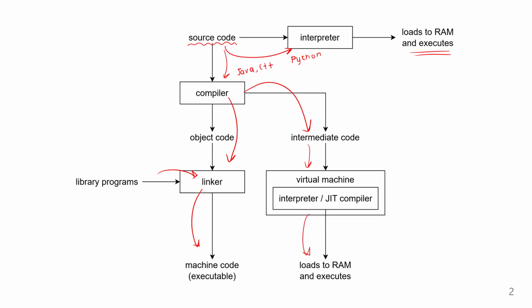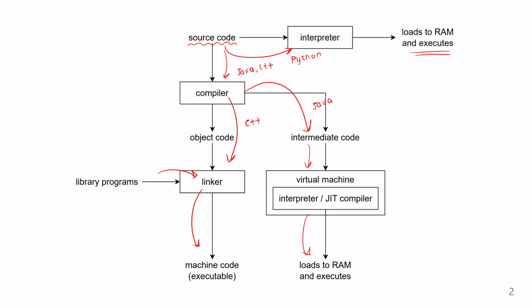So the compiled languages that you have heard of may either take the object code route or the intermediate route. But again, the choice depends on the language itself. So for example, C++ tends to follow this object code route, but Java tends to follow this intermediate code route.